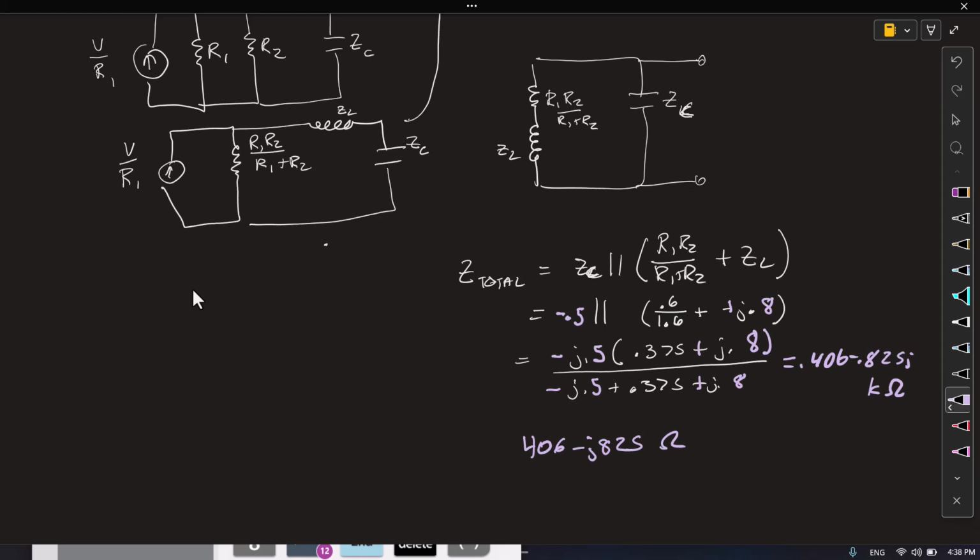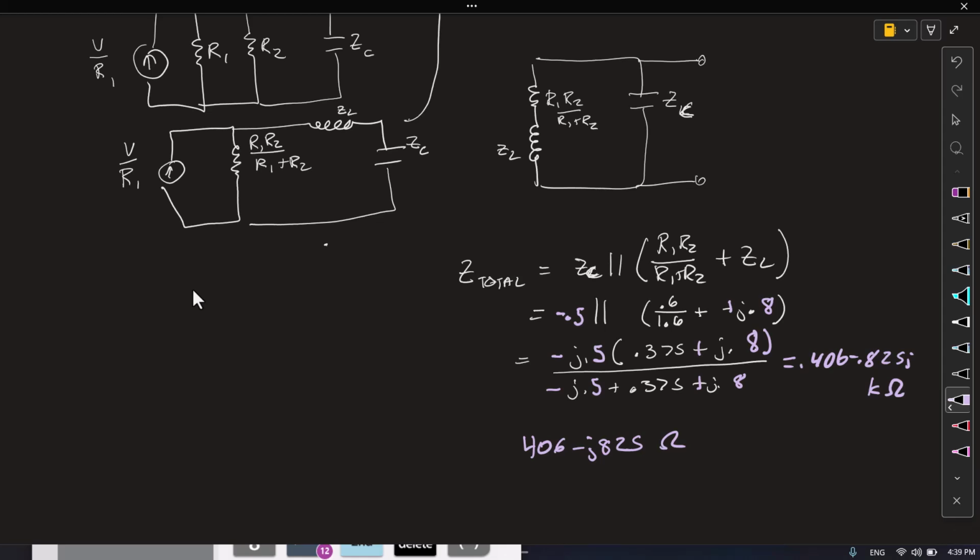Okay, so now to find V Thevenin, that would be, looks like it's just, let's see. So V Thevenin is V open circuit. So let's think about what that would be.